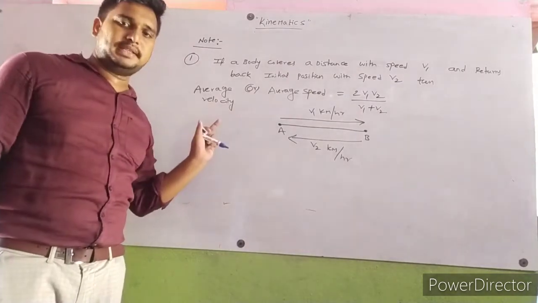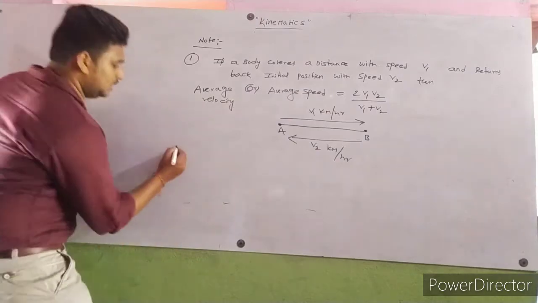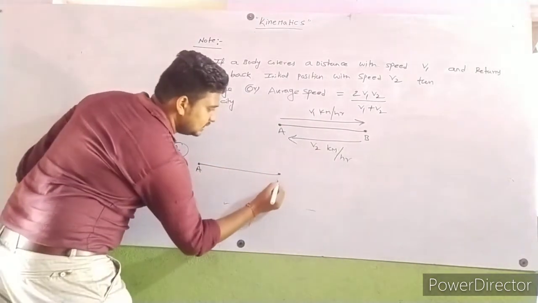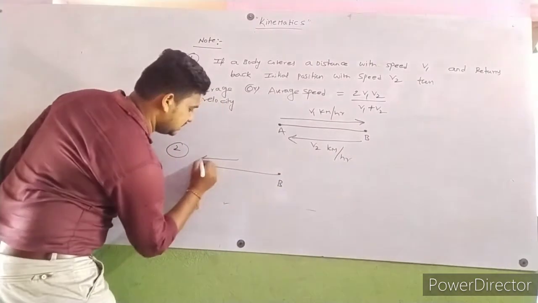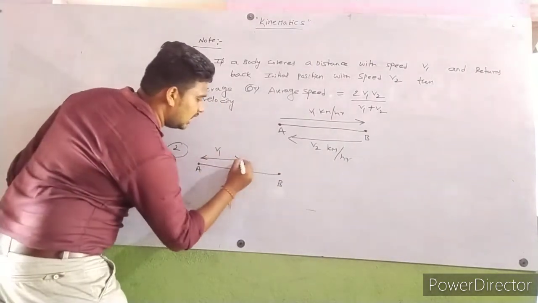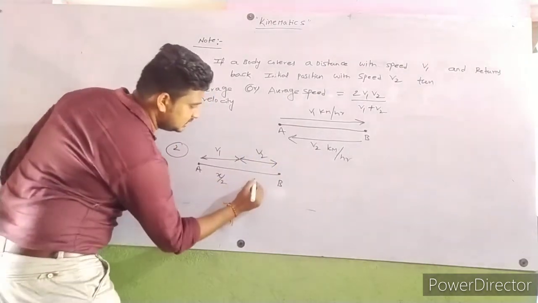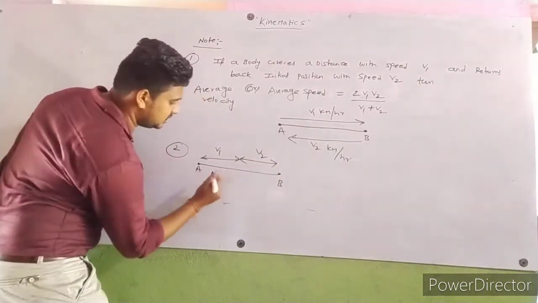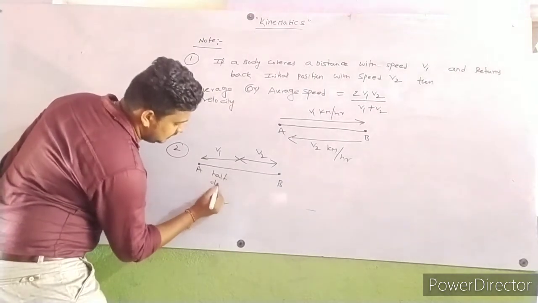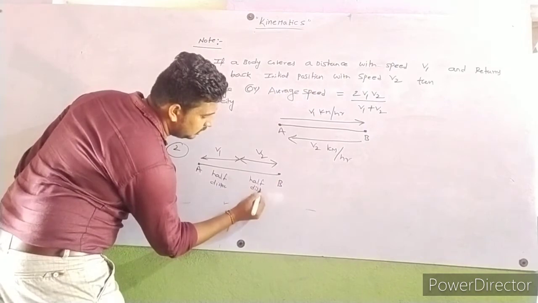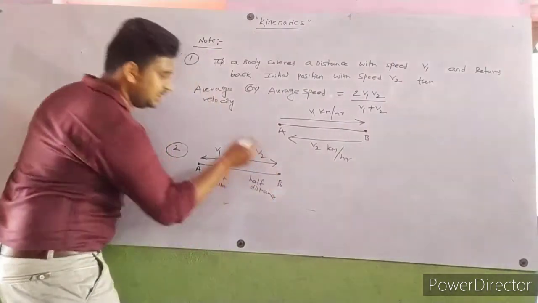So this is point 1, and the second one is: this is position A, this is position B. Half of the distance is covered in V1, another half of the distance is covered in V2.